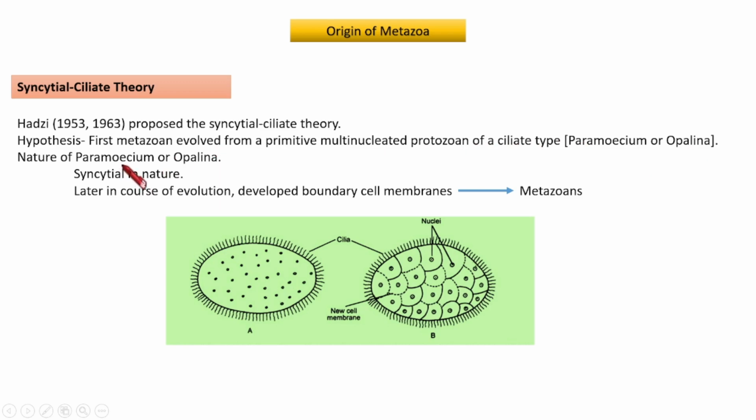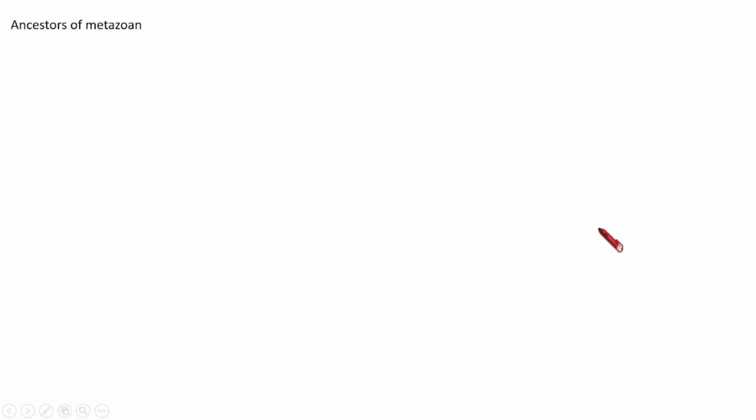What is the nature of this paramecium or opalina? They are syncytial. Syncytial means multinucleated condition. Later in the course of evolution, that multinucleated single cell developed cell membranes around each nucleus and attained a multicellular condition, or metazoans.